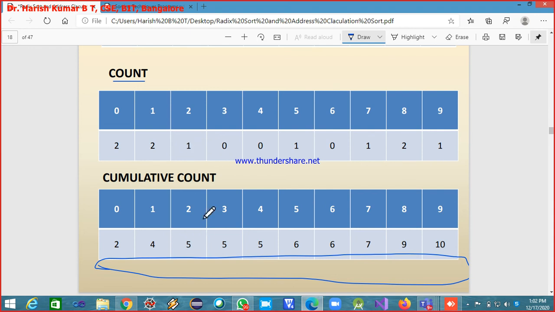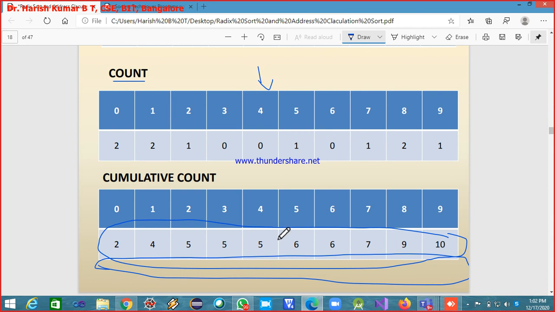Next, this 5 plus 0 is 5, and again this 5 plus 0 is 5, and this 5 plus 1 is 6. 6 plus 0 is 6 again. 6 plus 1 is 7, and 7 plus 2 is 9, and 9 plus 1 is 10. So this is the cumulative count you got. We have converted the normal count into the cumulative count.